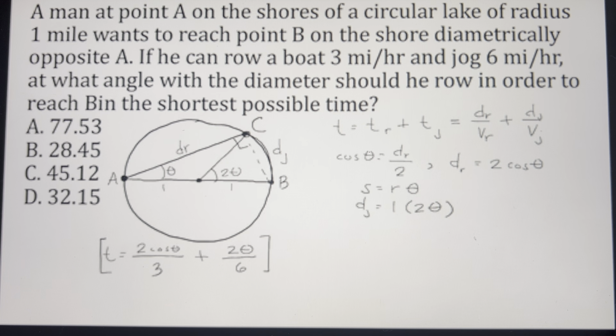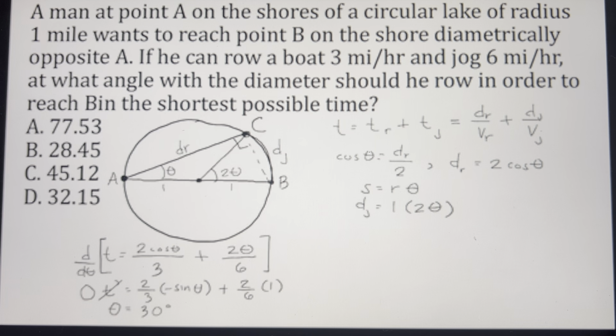So t prime is 2/3 times negative sine of theta, plus 2 over 6 times the derivative of theta with respect to theta, which is 1. To get the minimum time, our first derivative should be 0. Shift solve, theta here should be 30 degrees.